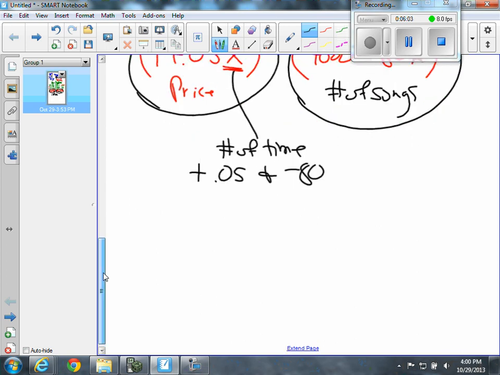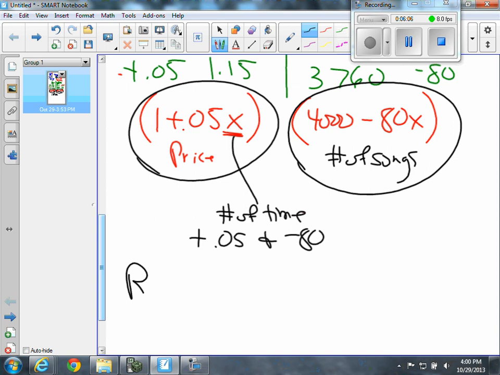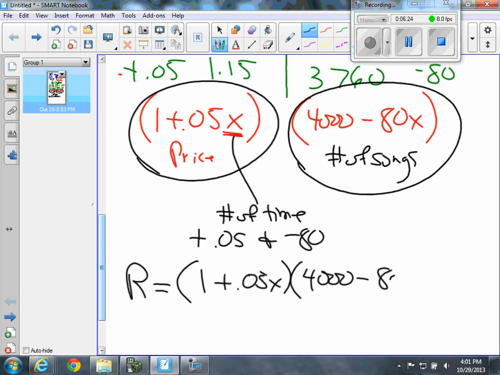So I'm going to say that revenue is equal to 1 plus 0.05x times 4,000 minus 80x.